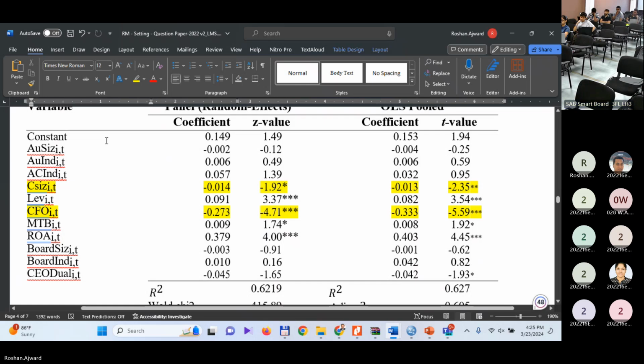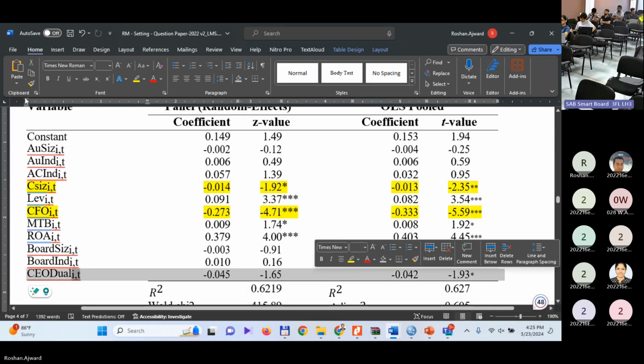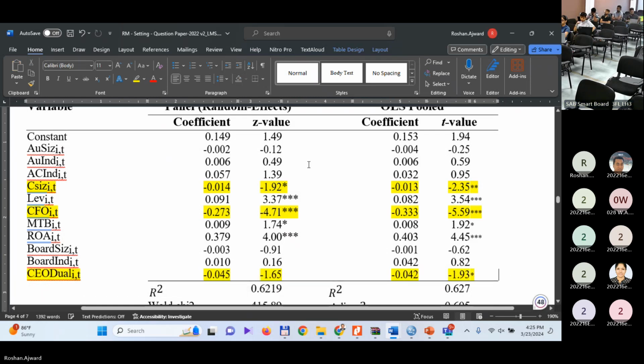Another one is very good. Okay, in that case, excellent. CEO duality, good. What does it mean? Corporate governance has to be taken into account. What's the duality? That also has a negative impact. What's duality? Where the same person holds both positions, who is the CEO as well as the chair.